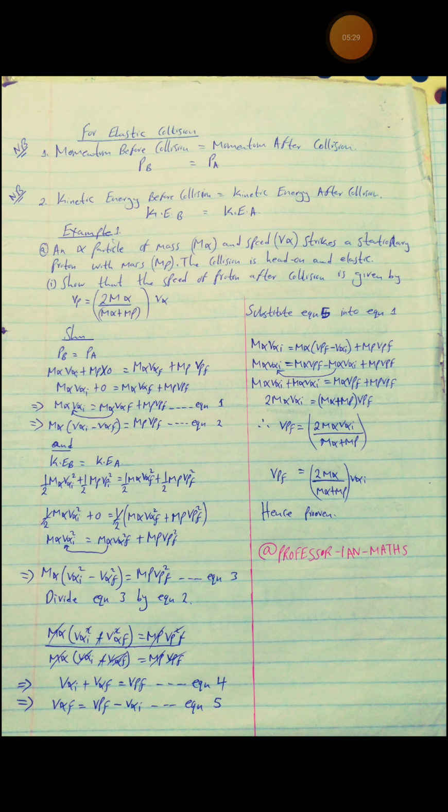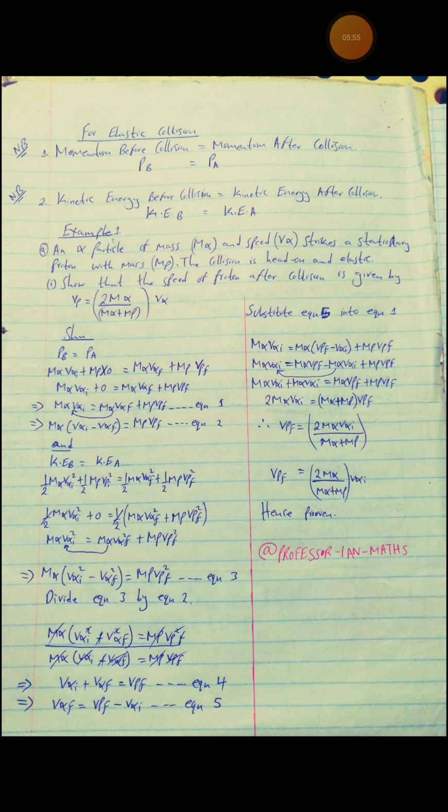Now dividing equation 3 by equation 2, we get v alpha initial minus v alpha final is equal to vp final. That becomes our equation 4, and we can also make v alpha final the subject of the formula, which gives us equation 5. That is, v alpha final is equal to vp final minus v alpha initial.